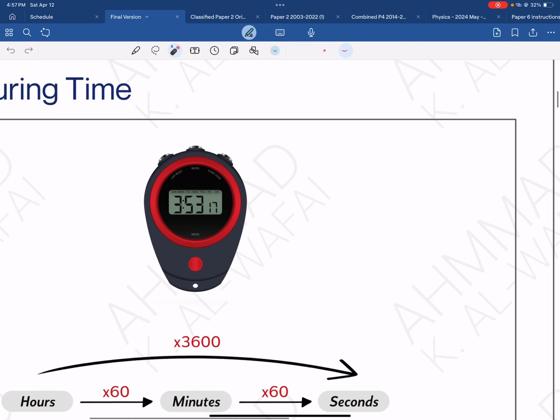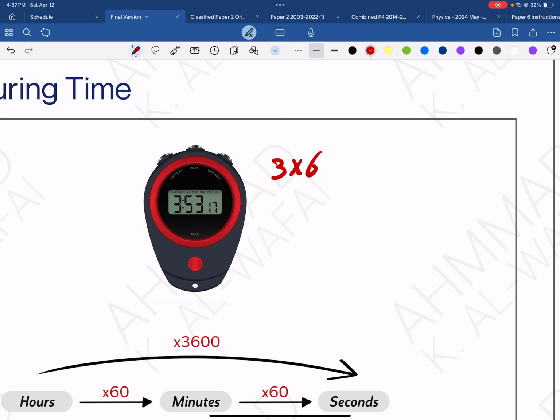So in this watch, we have 3 minutes, 53 seconds, and 17 hundredths of a second. Basically, you might be asked to convert this into seconds. As we agreed, that would be 3 times 60, and then you add the 53 seconds, plus the 17 hundredths of a second, which is like saying 17 divided by 100.